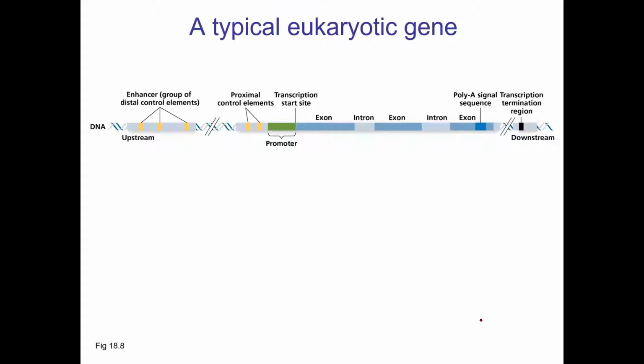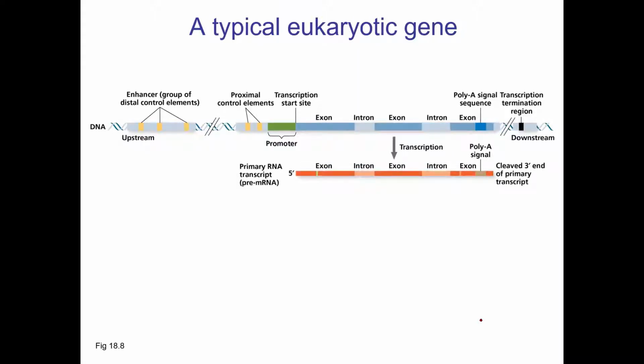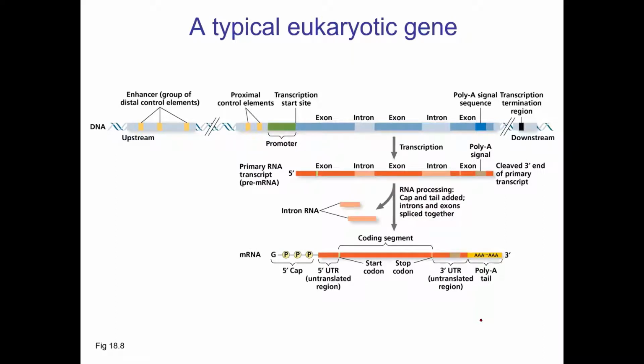Upstream means before, downstream means after the gene. Once the gene is transcribed into RNA, there's going to be lots of processing that occurs there. And sometimes we have something called a pre-messenger RNA before it gets processed and made into a final messenger RNA. These are all things we're going to talk about in the next few units. Like I said, this unit we're introducing some things to give you some exposure to it, so that when you see it again later, hopefully you'll say, hey, I kind of remember that, and maybe it'll help you learn it a little bit.